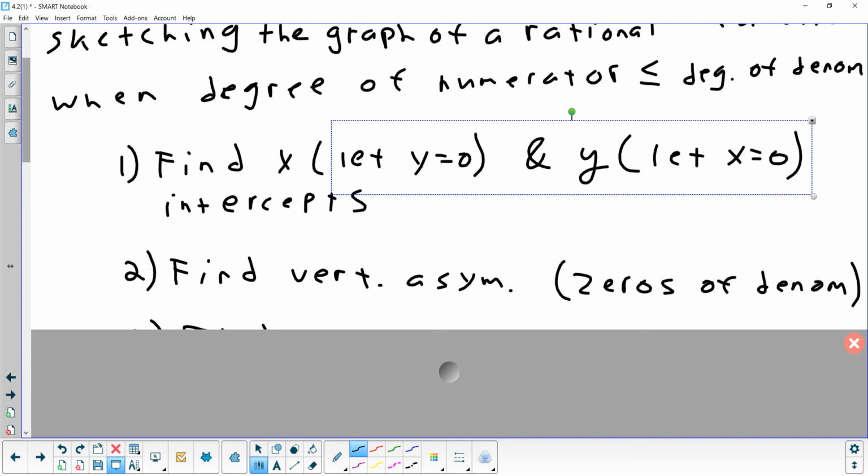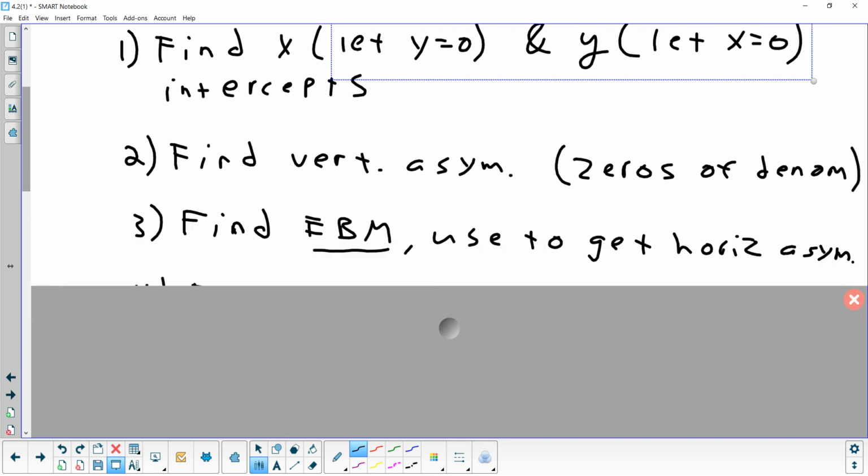Most of the time, the worst case would be you'd have to use quadratic formula. But I would say a lot of the time, you're going to be able to factor it. So there's your verticals. The next thing you want to find is your horizontal. And to get the horizontal asymptote, you need the EBM. And you let x approach infinity.